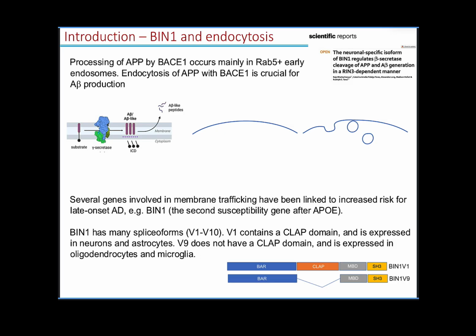The thinking behind this, once again, is that if there was no specific function for expression of a given variant in a cell type, then you would have expected that throughout evolution, that specificity in expression would have been selected against, right?